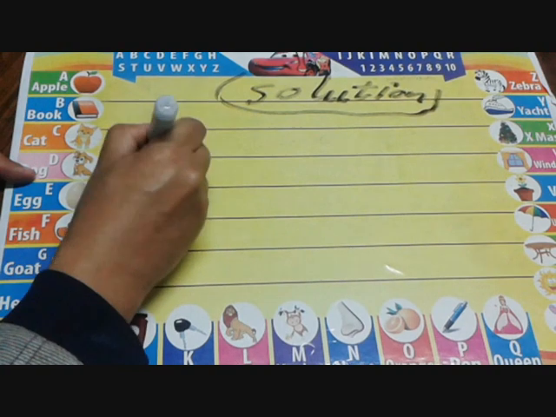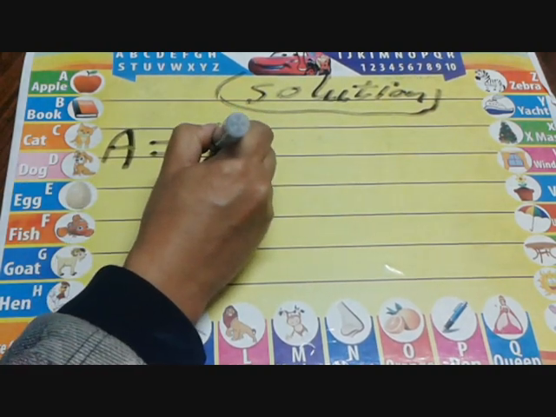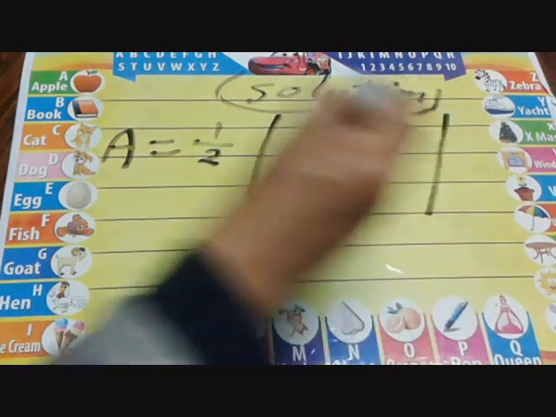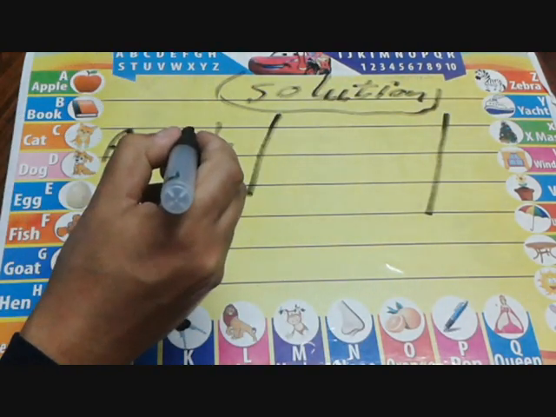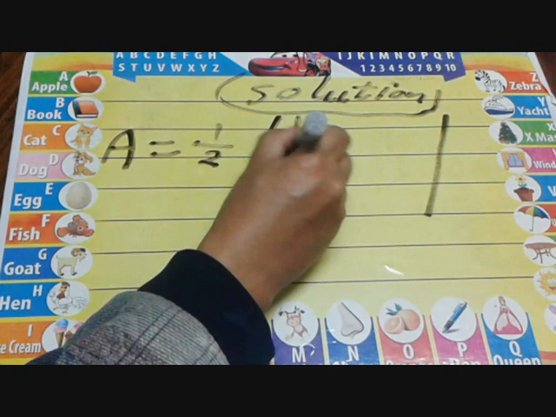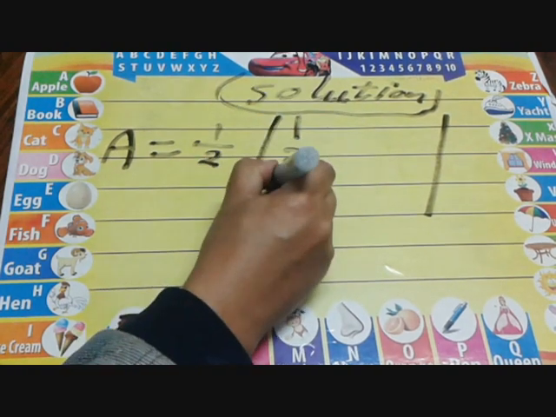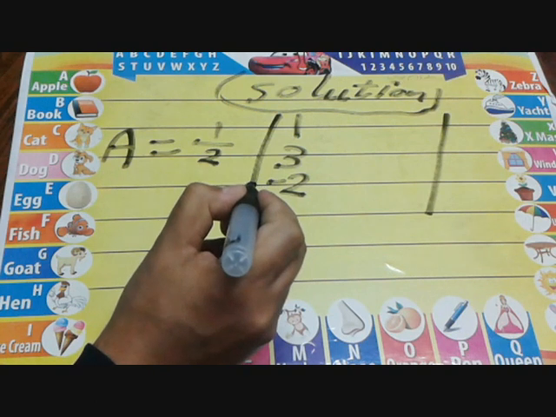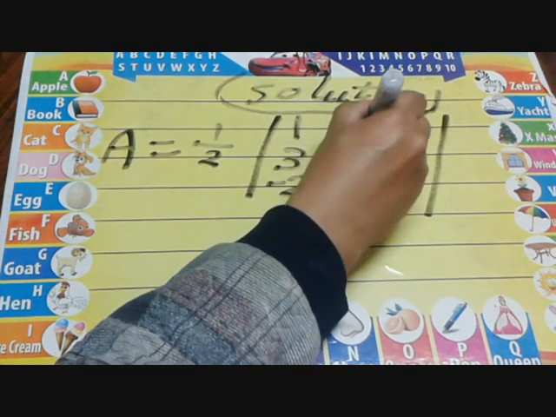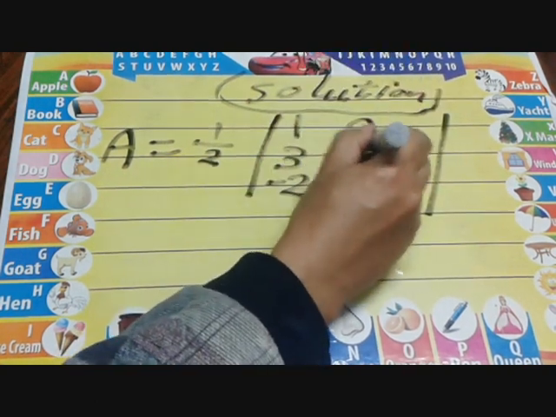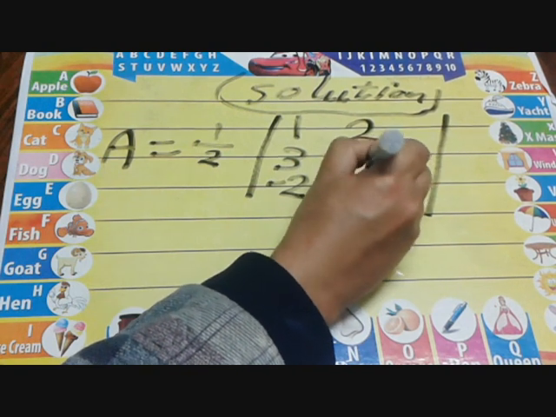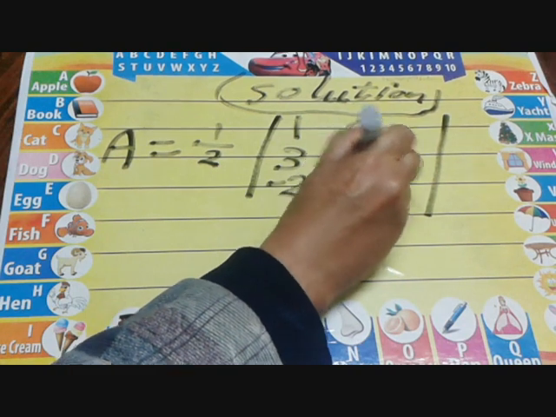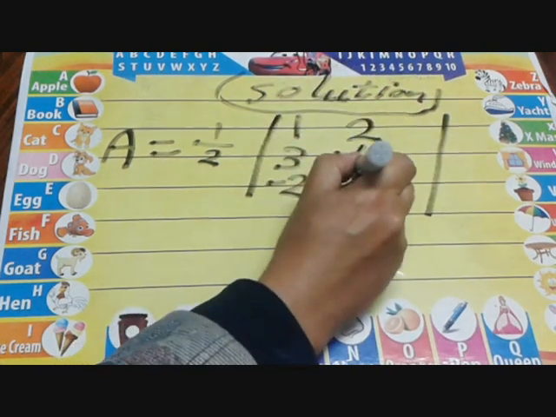A equals half the determinant. What are the x coordinates? 1, 3, negative 2 from the previous problem. What are the y coordinates? 2, negative 4, and 3.